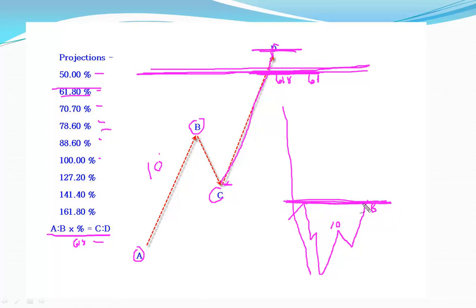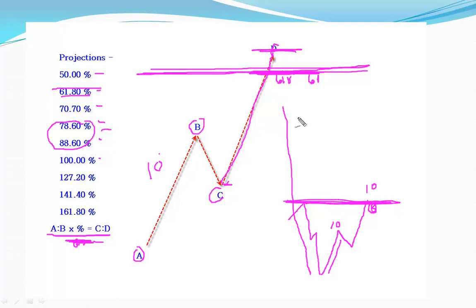So we would be watching 80% or the 786, 886 of this whole swing. So rather than going 10 points, you can start watching resistance up at an A to B times 786 or 886 of this last swing, and therefore you're getting that relationship.